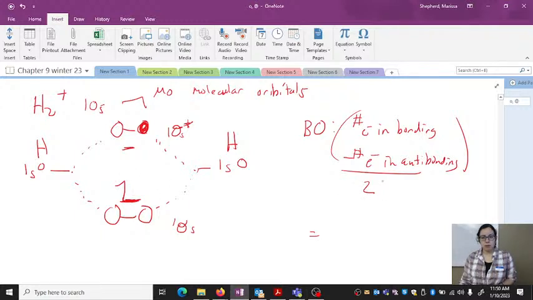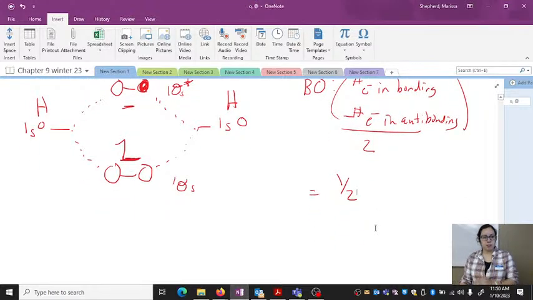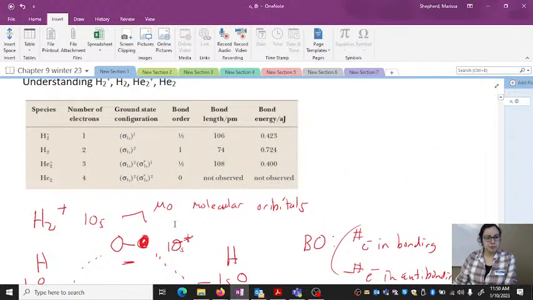We only have 1, but then we have to divide it by 2. So 1/2, or 0.5. Our bond order for H2 plus is just a half now. That means they have this half bond, and so the species probably isn't very favorable.